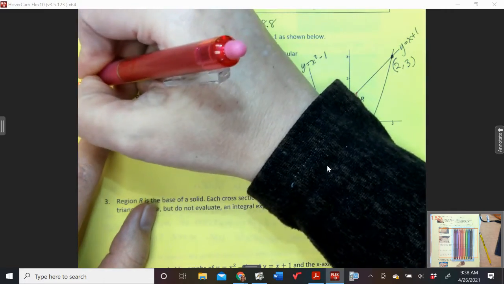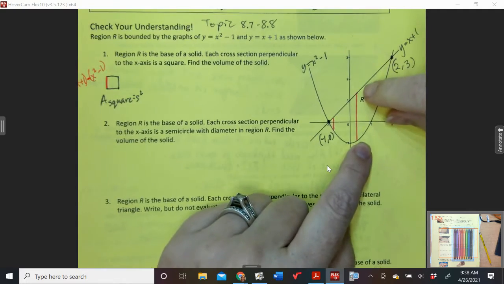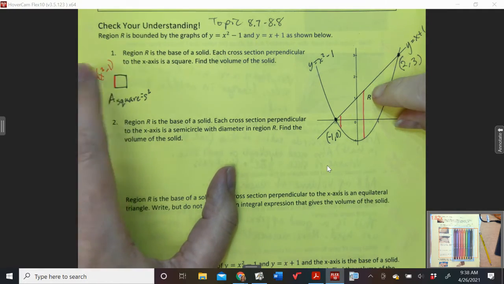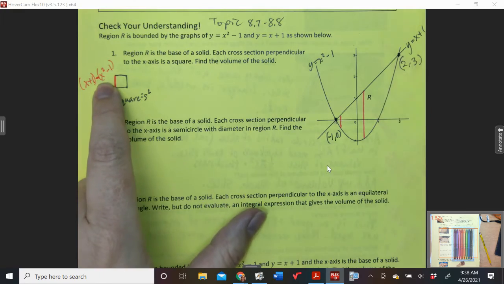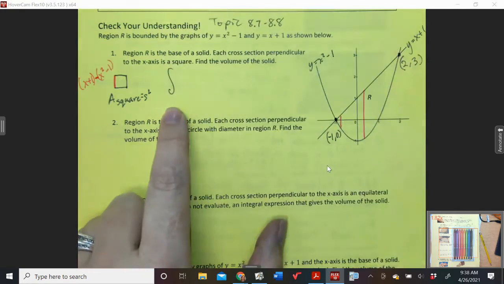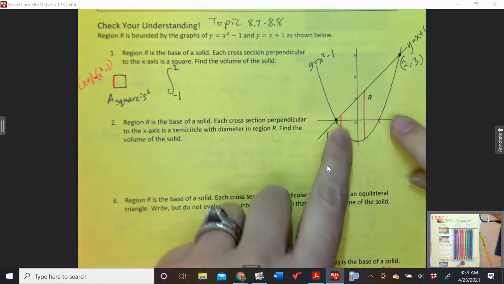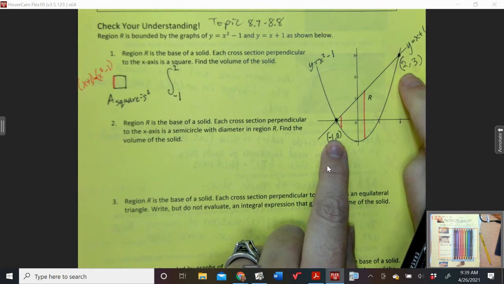Okay. If you want to find out how long something is, how far apart two things are, you subtract. And so that's why we're subtracting over here. So that's our area of one slice. So our interval is going to go from -1 to +2, the x coordinates of our intersections.